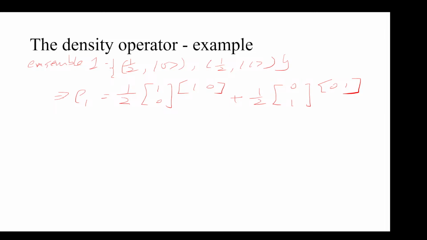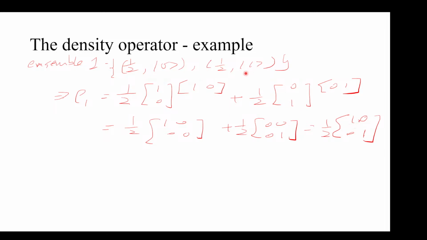So this thing is 1/2 times the matrix 1 0 0 0, plus 1/2 times the matrix 0 0 0 1, and this is 1/2 times the identity matrix 1 0 0 1. And so this is example one, an example of how you calculate the density matrix from an ensemble.